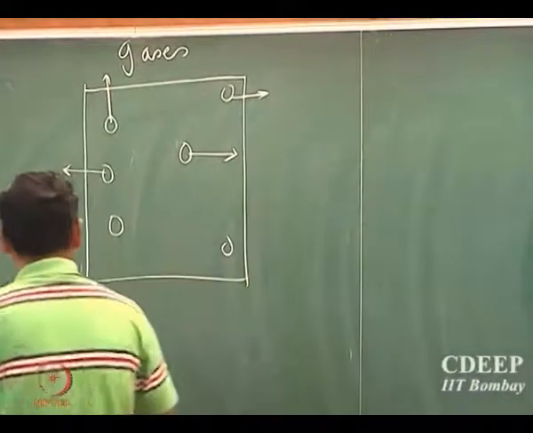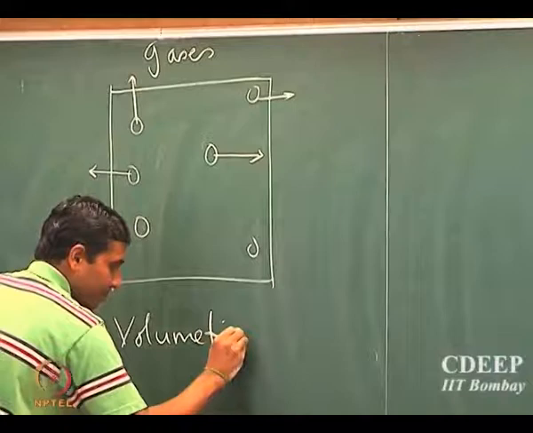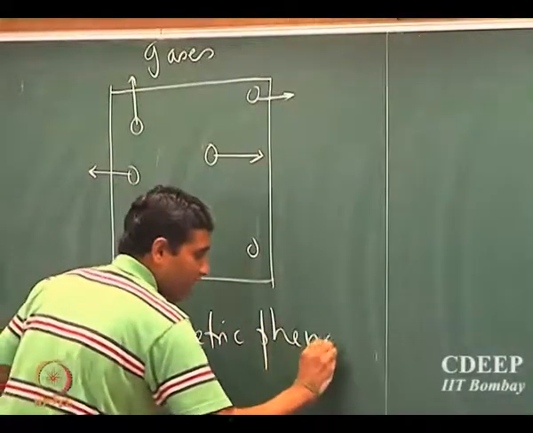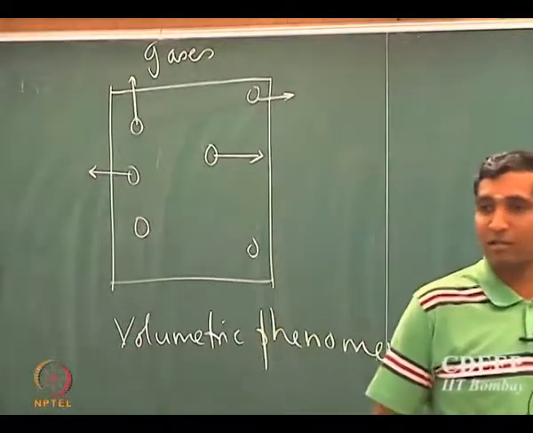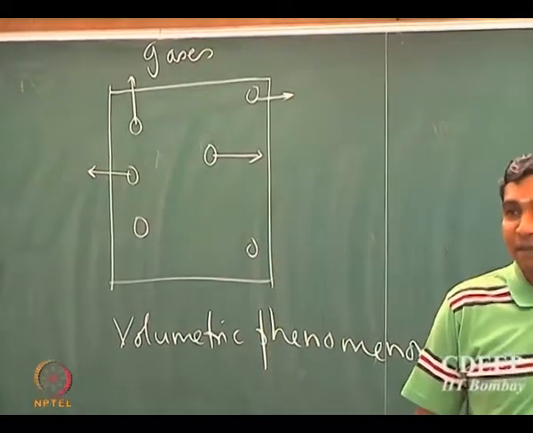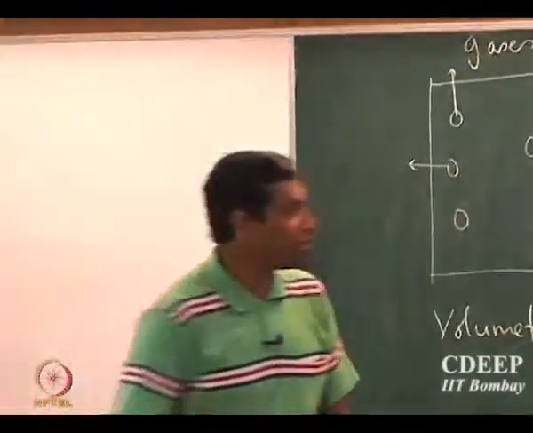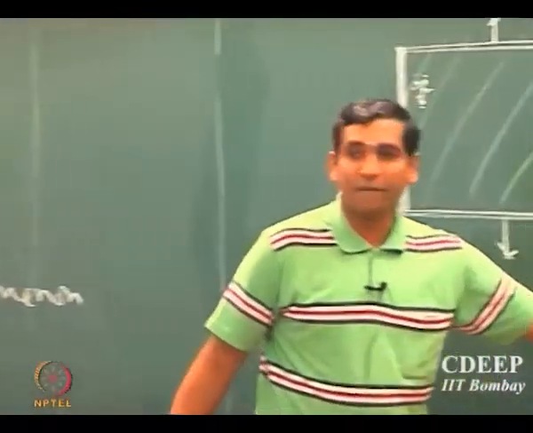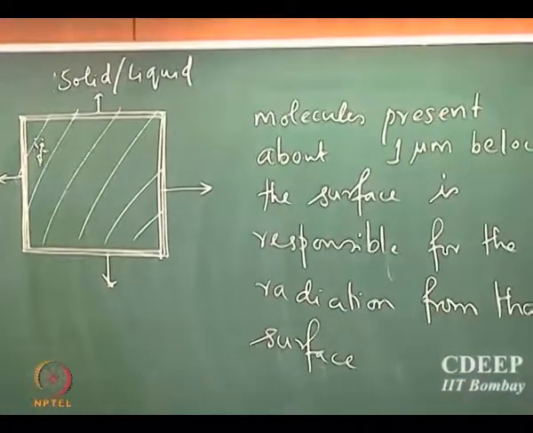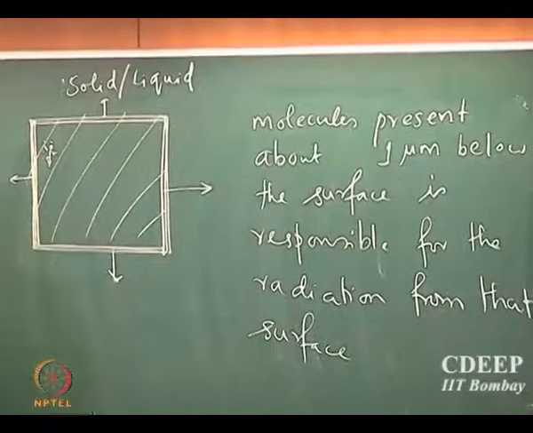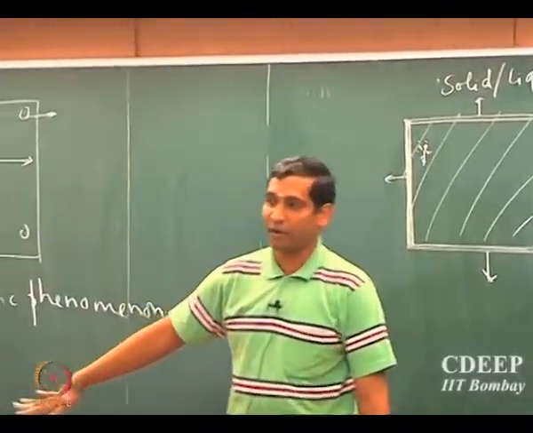Therefore, in gases it is a volumetric phenomenon, while in solids or liquids it is a surface phenomenon. For most of the discussion we are going to look at the surface area phenomenon. We are going to characterize and quantify radiation, and then apply some of these principles to the volumetric phenomenon towards the end of the radiation topic.